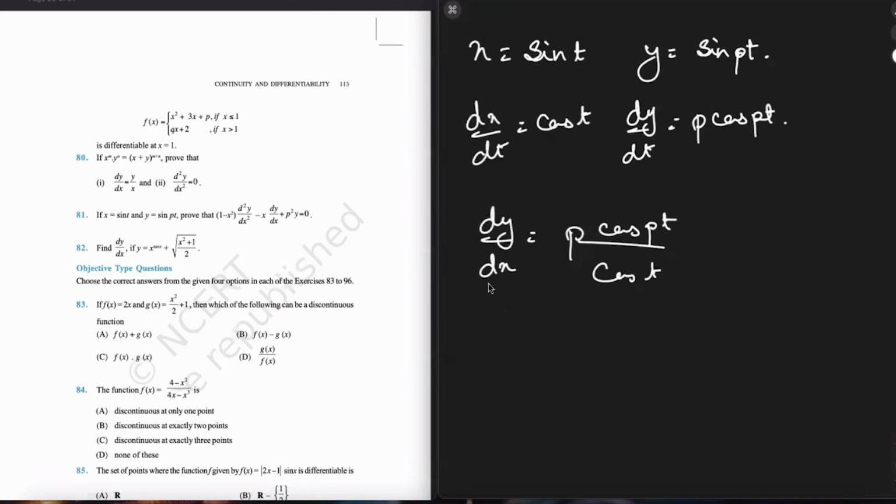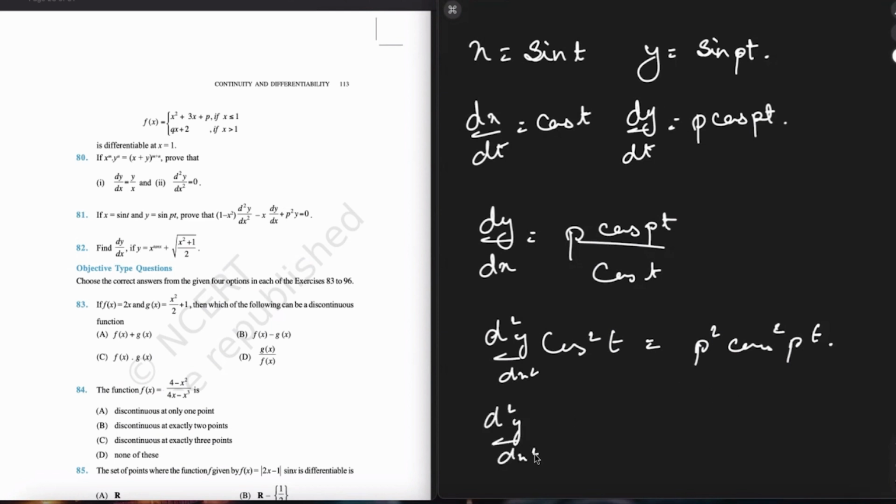And now if I try to find d2y upon dx square, it should be cos square t is equal to p square cos square pt. Now this can be written as 1 minus sin square t is equal to p square times 1 minus sin square pt.